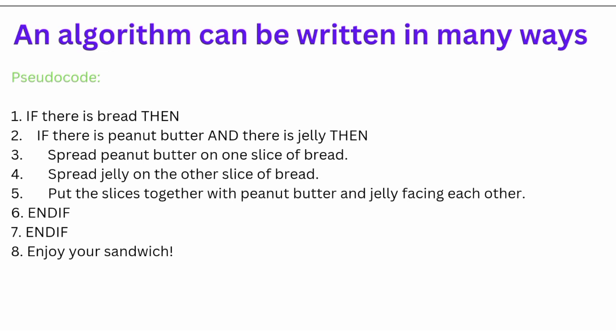If these two things are available, then we can spread the peanut butter on one slice of bread and spread jelly on the other slice. Put the slices together with peanut butter and jelly facing each other. Then we come out of the if clause, the sandwich is done, and we can enjoy our sandwich. So this is the pseudocode developed for the flowchart.